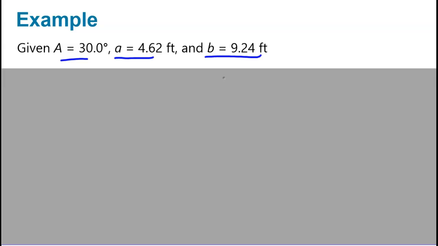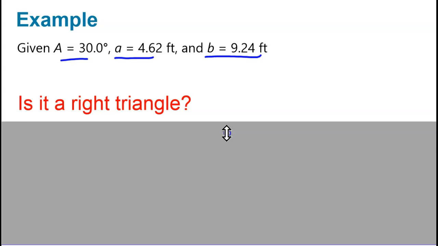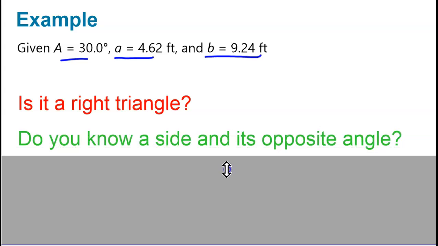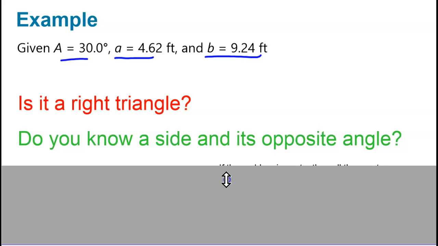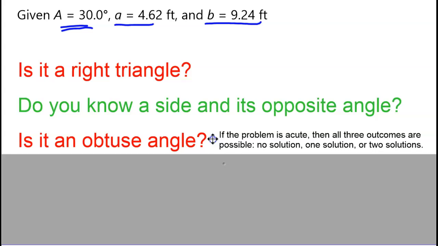It's not a right triangle. We have a side and its opposite angle, and in this case the opposite angle is acute. Since it is less than 90 degrees, it can have one, two, or no solutions. Now that we know that, let's see if we can solve this problem.